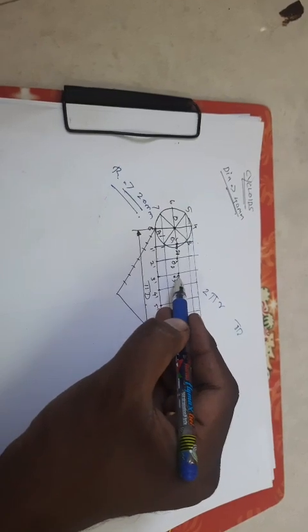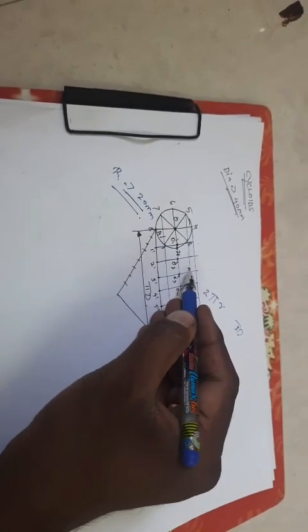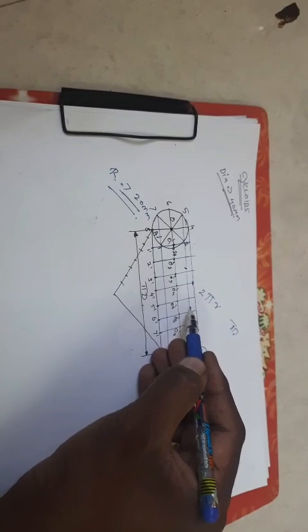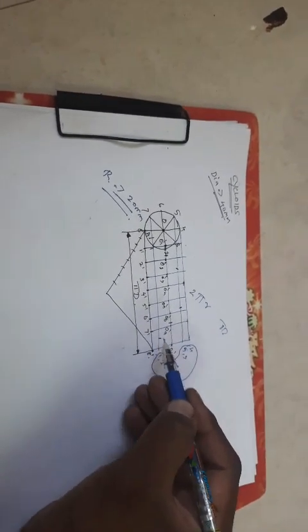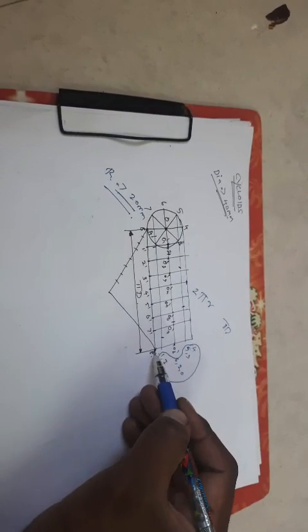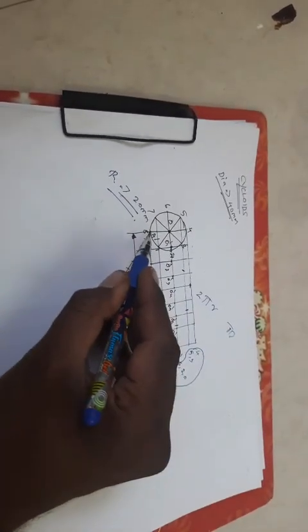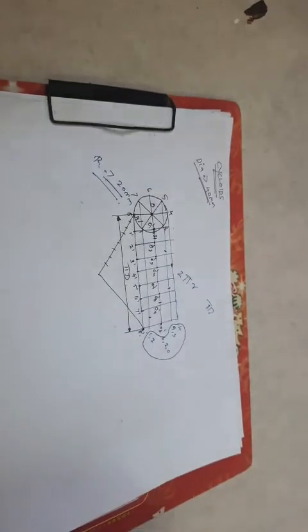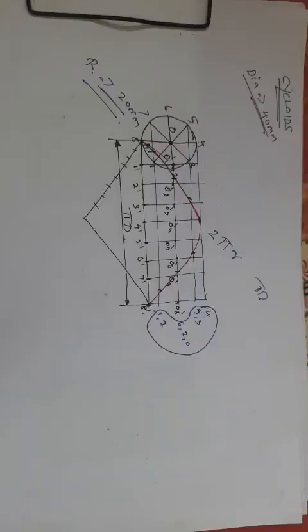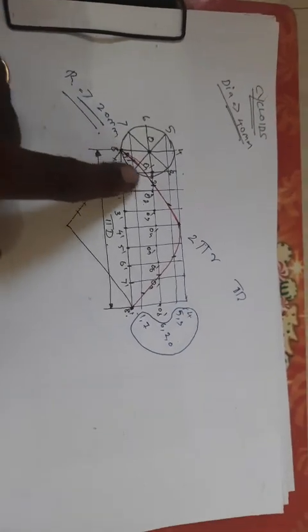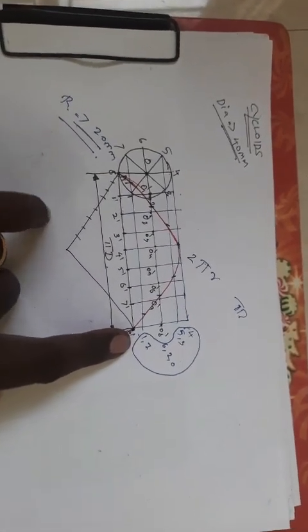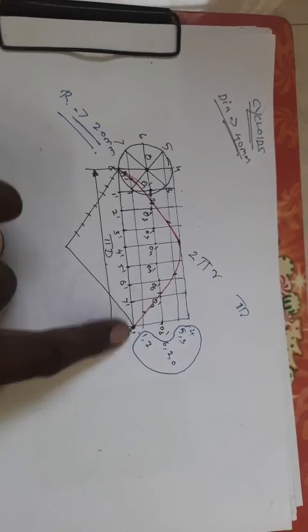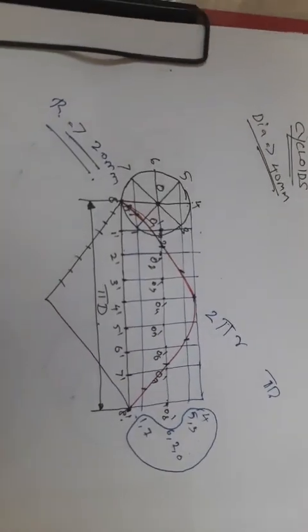And O3 as center, cut an arc in the third line, and likewise similarly 5, 6, 7, and the last one comes on the same point. Now I am going to connect all these points freehand. Like this, just draw the cycloidal curve, right? Next I am going to draw the tangent and normal for this curve.